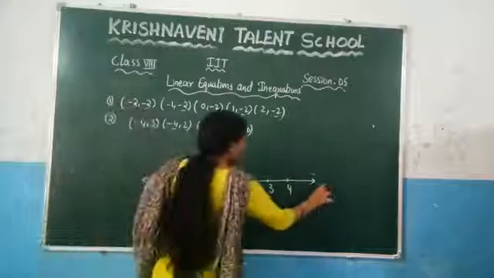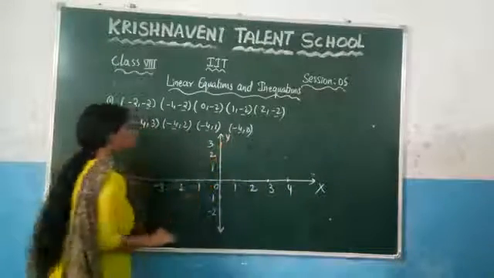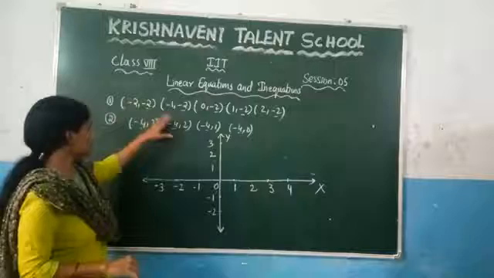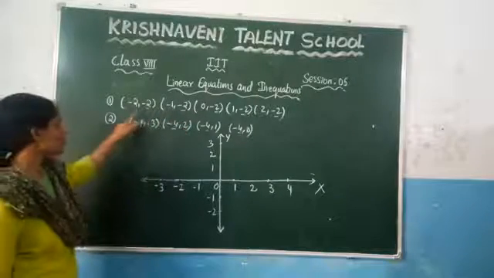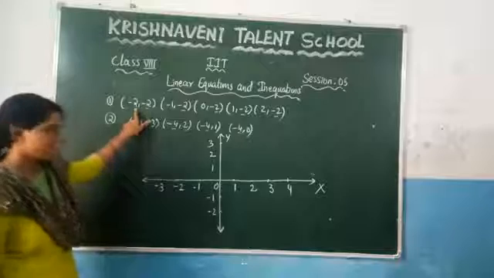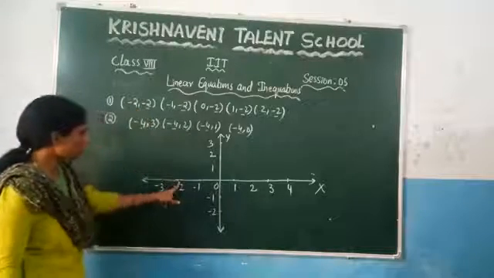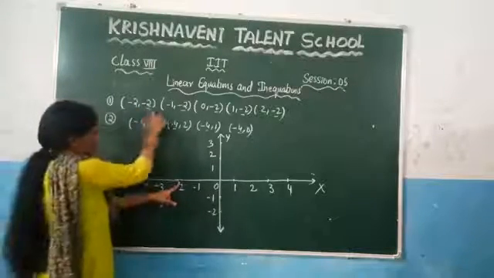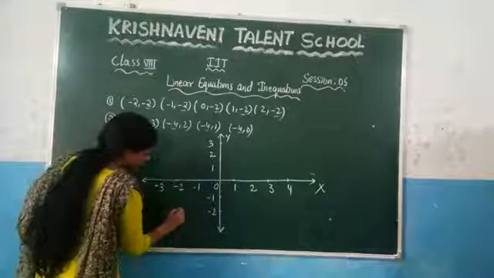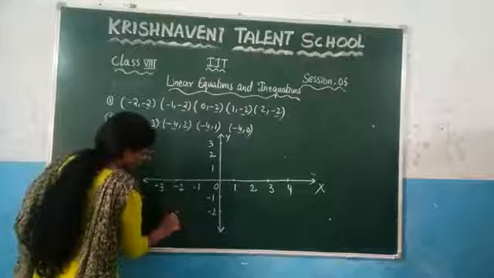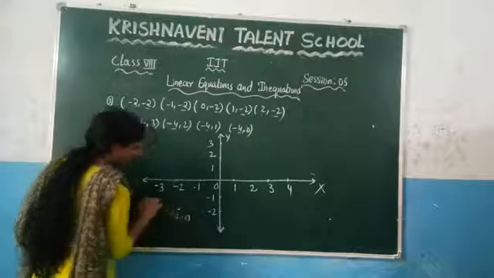Mark this one as x and this one as y. Now represent the first point, (-2, -2). Check where -2 is on the x-axis and where -2 is on the y-axis. Where these two meet is the point, so write (-2, -2).